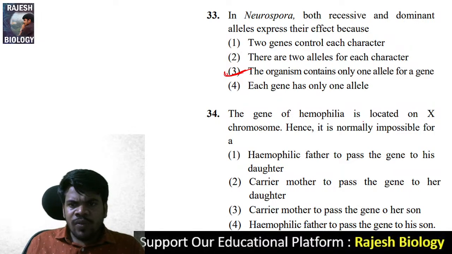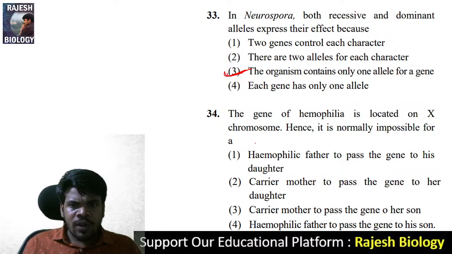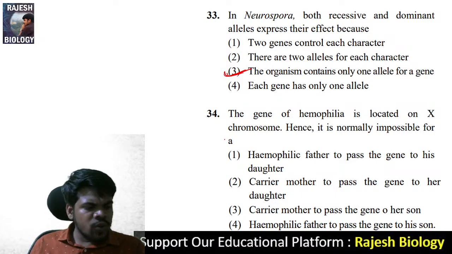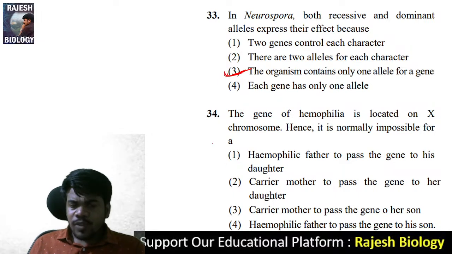The gene of hemophilia is located on the X chromosome. Hence, it is normally impossible for a hemophilic father to pass the gene to his son. Hemophilic father to pass the gene to his daughter, it is possible.